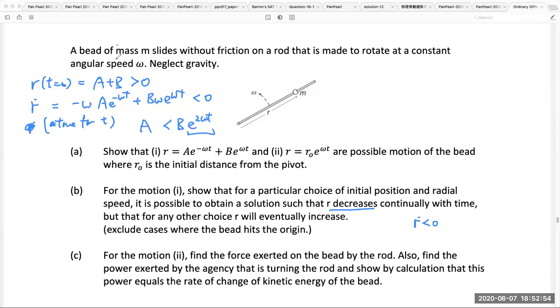That means this one will go to infinity, and A, B have different sign. Not necessarily, okay? So to solve it, let me see.